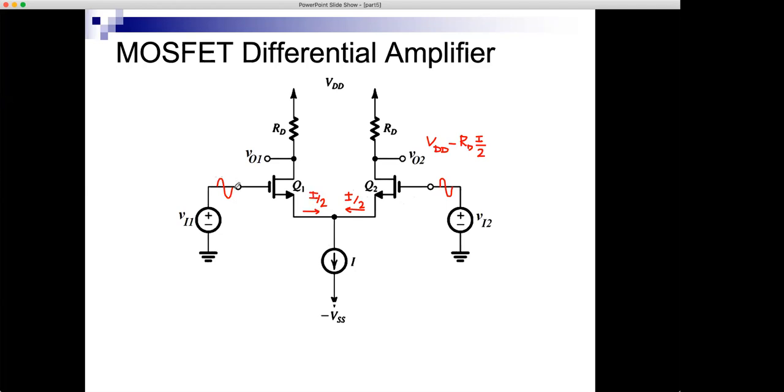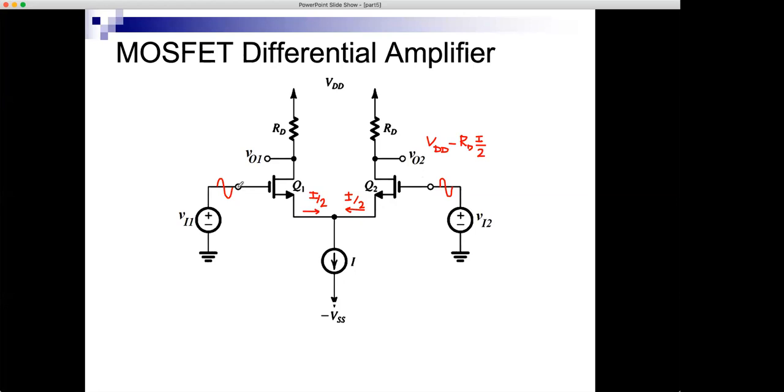Even though this is a sine wave, changing with time, the current here does not feel that, neither does the current here. They are DC currents. And what happens at the two drains, at VO1 and VO2? They're constant values. In other words, they don't feel what's happening here.